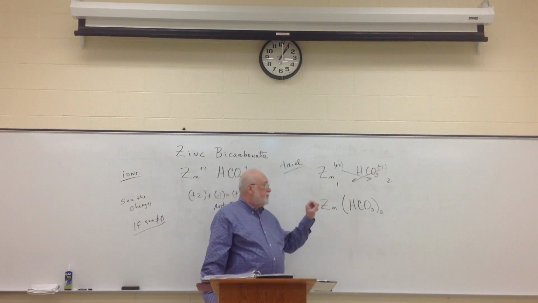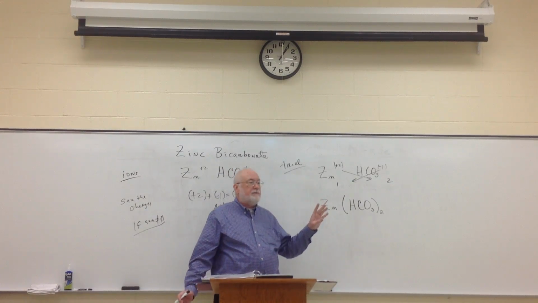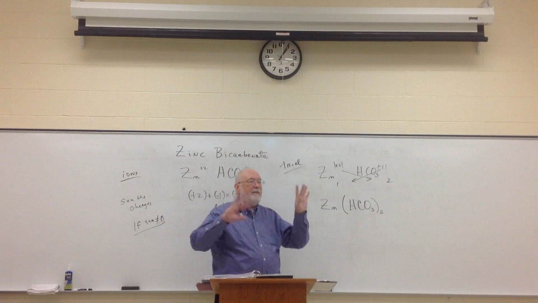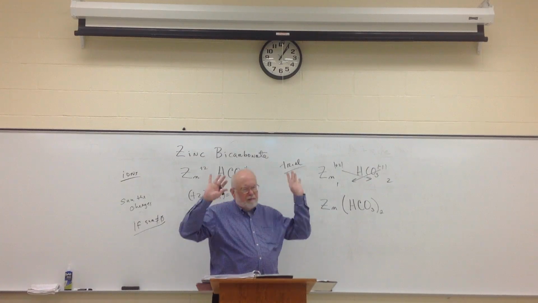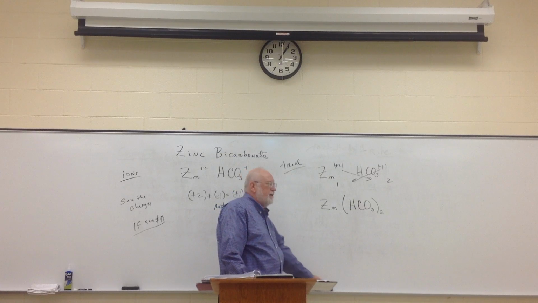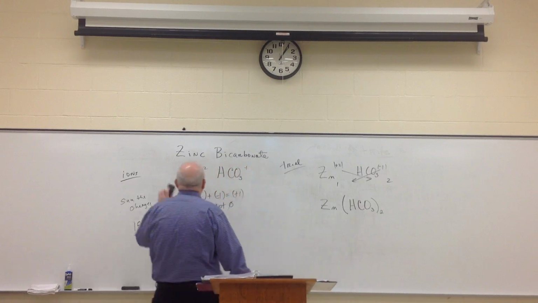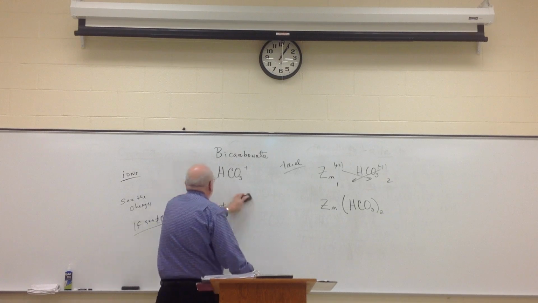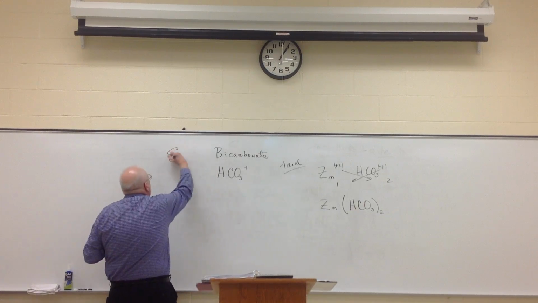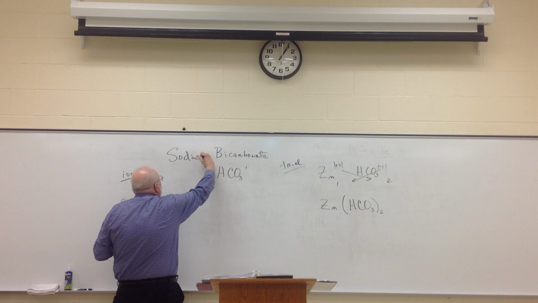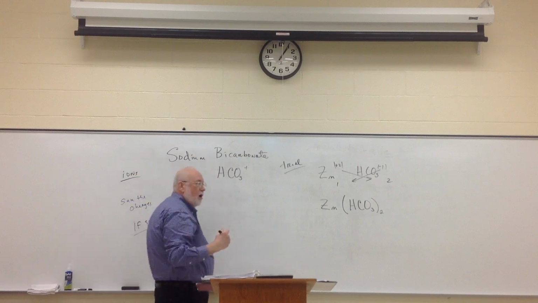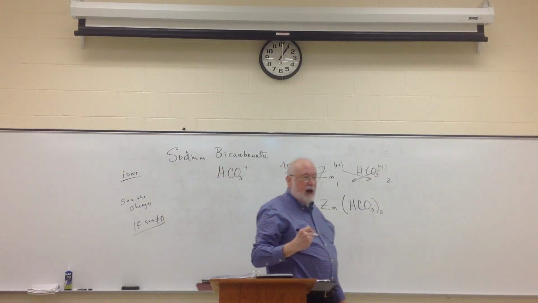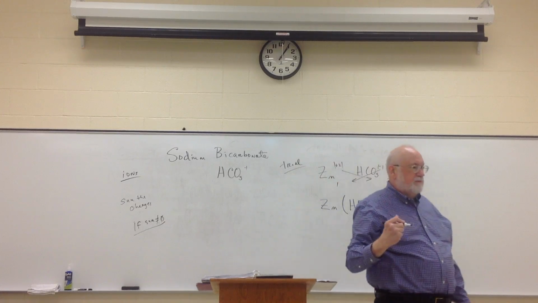Now, if it's a polyatomic ion and the subscript is understood to be 1, leave the parentheses off. Well, we'll do one of those. All right? Well, let's just go with this. Let's suppose we want sodium bicarbonate.